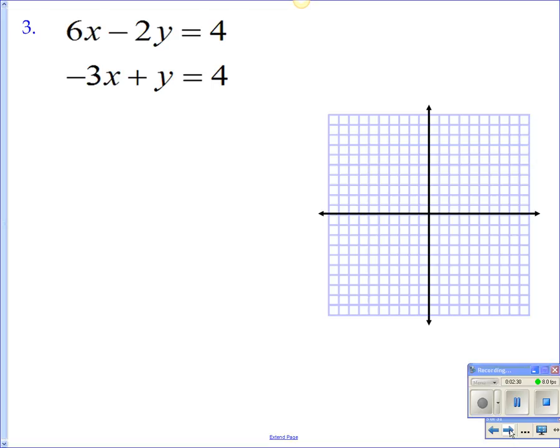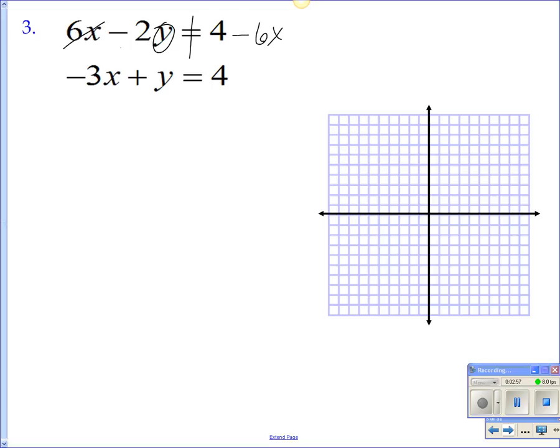All right, number 3: 6x minus 2y equals 4, and negative 3x plus y equals 4. Help me with the first one. What are we trying to get by itself? Minus 6x. And what else do you have to do?